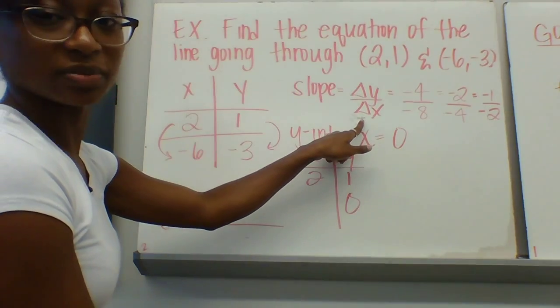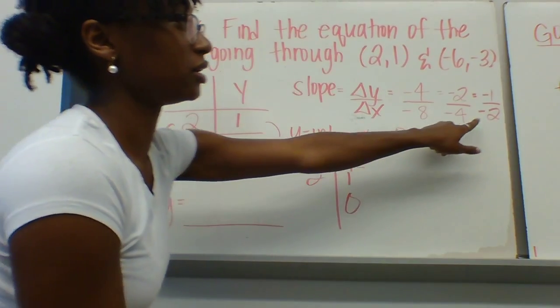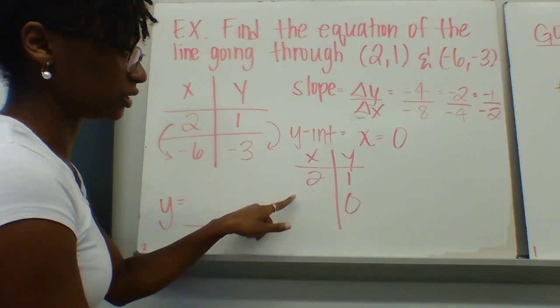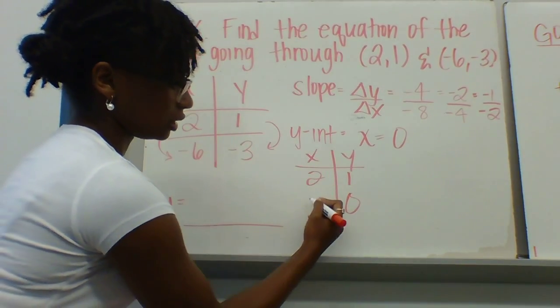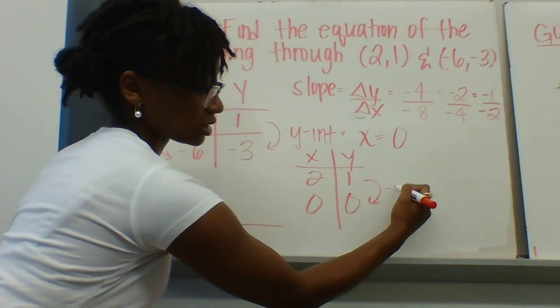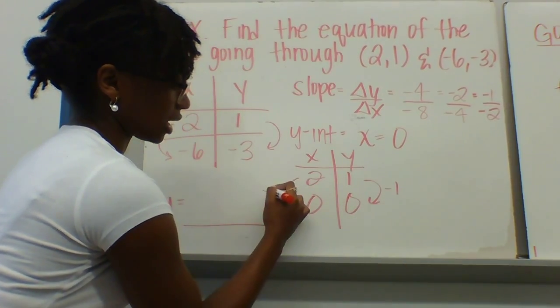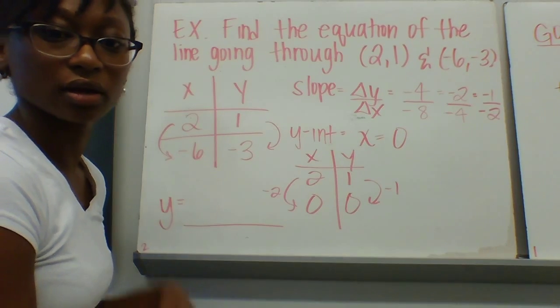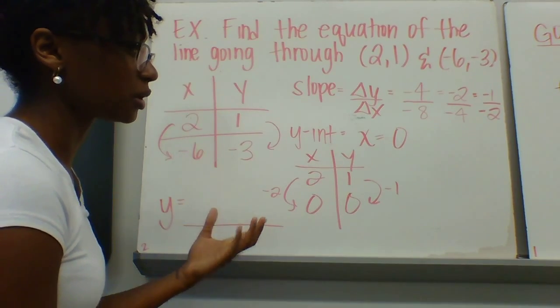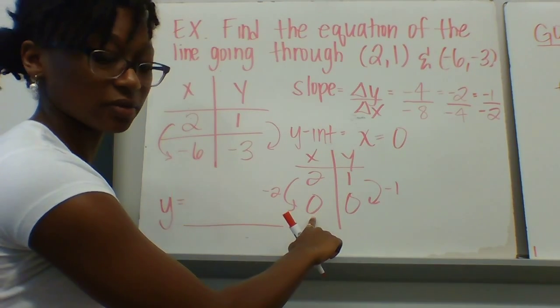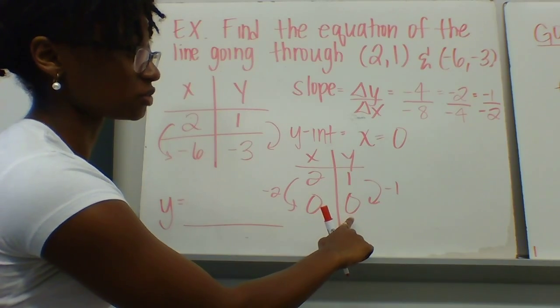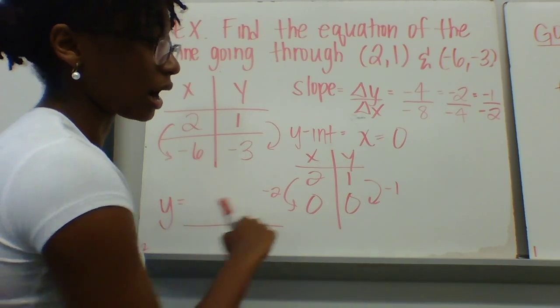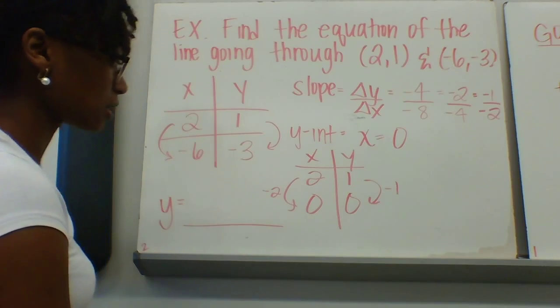That means I'm going to decrease my x value by 2. So 2 minus 2 is 0. So I decrease this by 1 as I decrease this by 2. Okay? Because that's my rate of change. That was my slope. So that means when my x value is 0, my y value is 0 as well, which means that my y-intercept is 0.